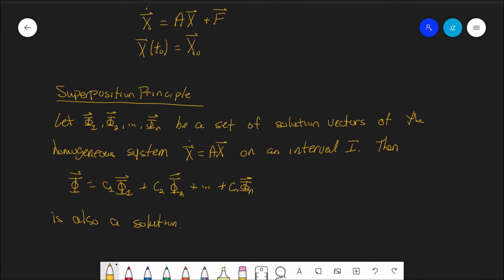So the superposition principle remains the same. It's just that now we're dealing with vectors instead of regular old functions.